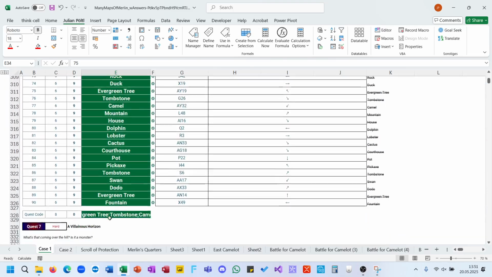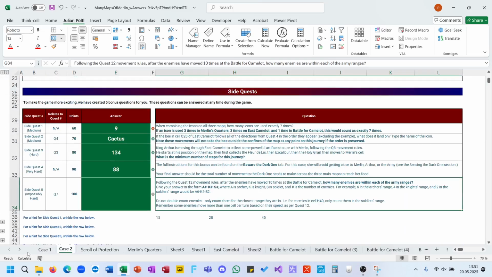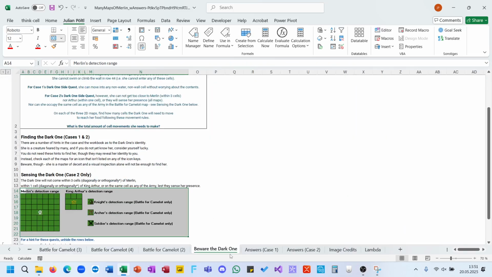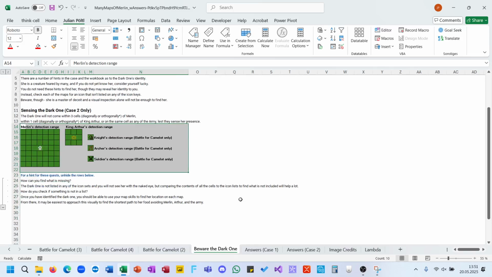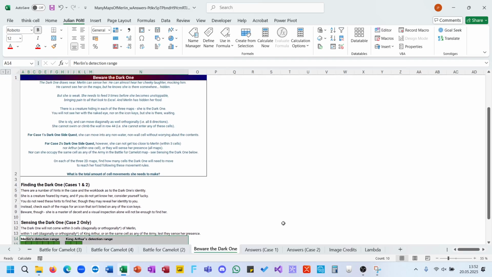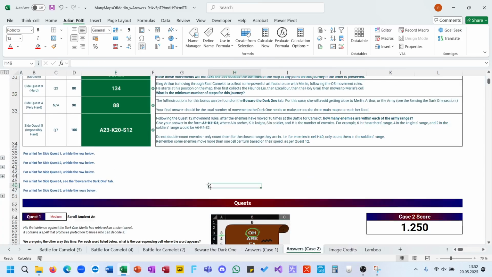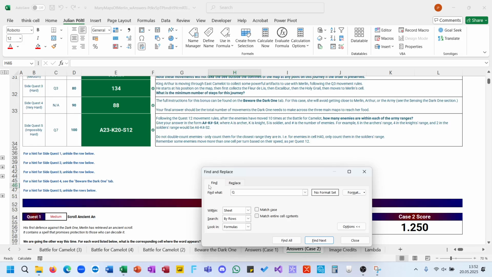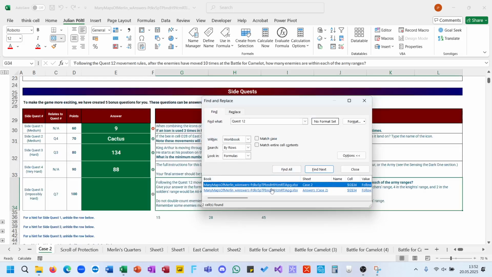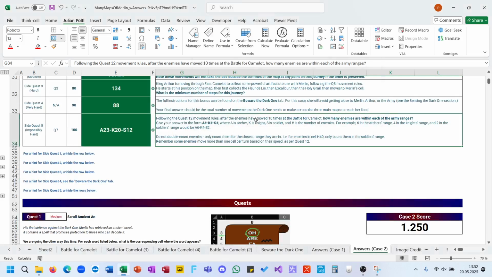Where is quest 12? Okay, there is no hint where quest 12 is.